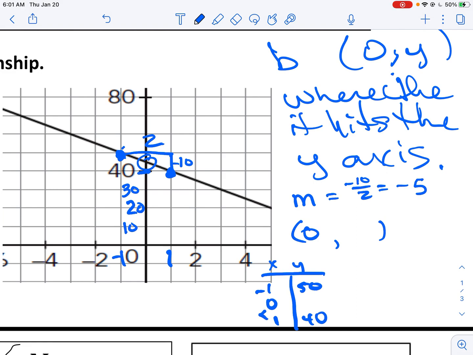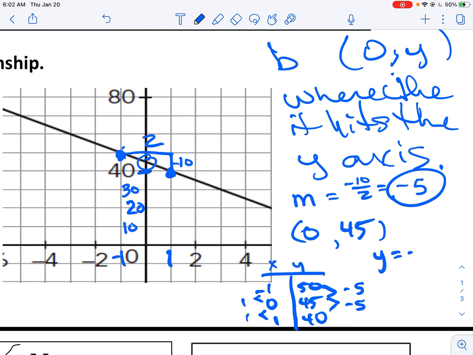Okay, these are now going up by ones. So I can use my slope. So that means from here to here would be -5. From here to here would be -5. So what's halfway in between? 45. So that is our y-intercept. So y equals -5x plus 45.